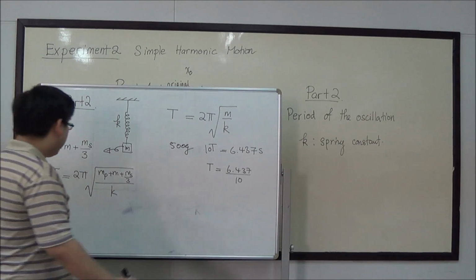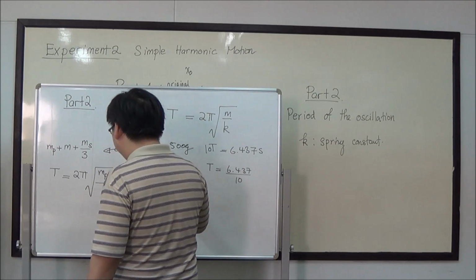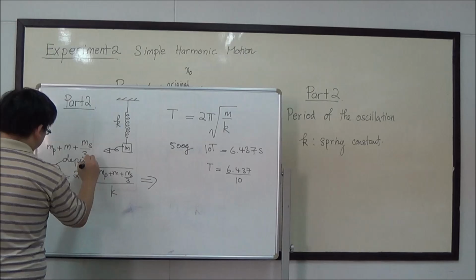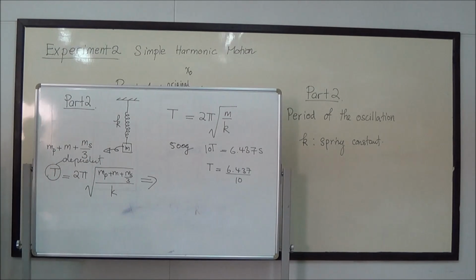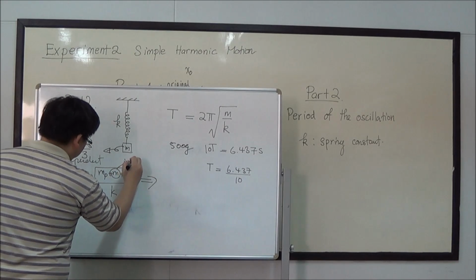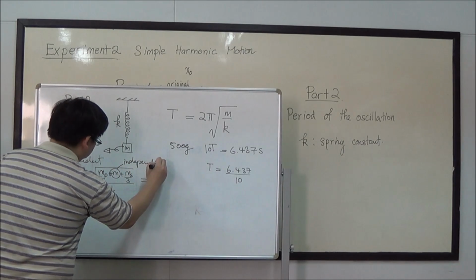And then I'm going to rearrange this equation, and you see that this T is the dependent variable, but this M is the independent variable.